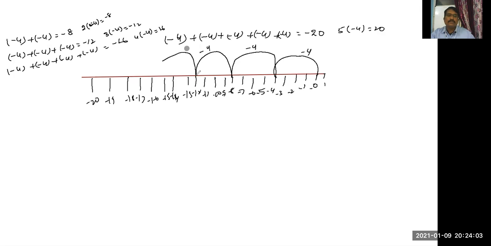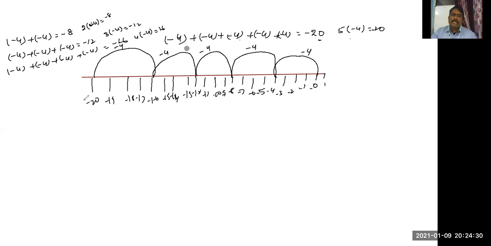Again 4 steps to the left side. So total minus 4 plus minus 4 plus minus 4 plus minus 4 plus minus 4 is equal to minus 20. That means 5 times minus 4 is minus 20.